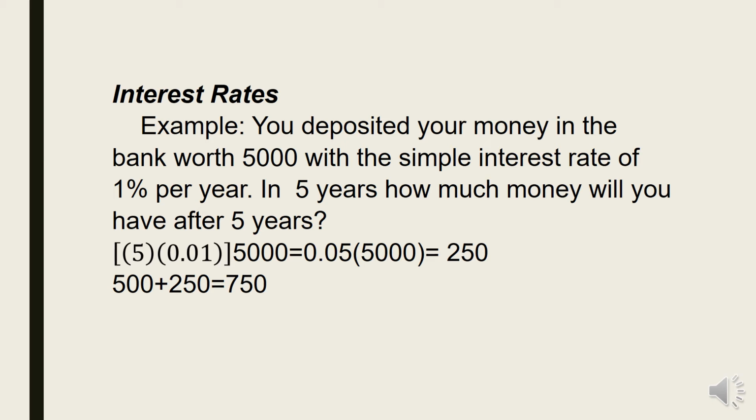So since our principal, or the amount of your money, is 5,000, multiplied by the rate, which is 1%, times time, which is 5 years.